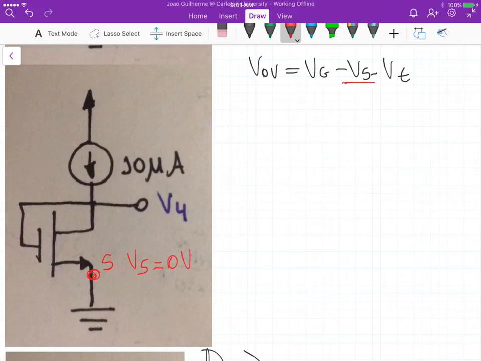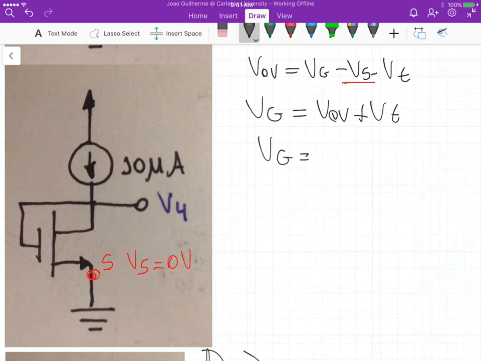This one here gives us the gate voltage. So the voltage at the gate is equal to V overdrive plus the threshold voltage. So Vg is equal to 0.2 plus the threshold voltage, that's 0.8. Okay, it's given by the problem.